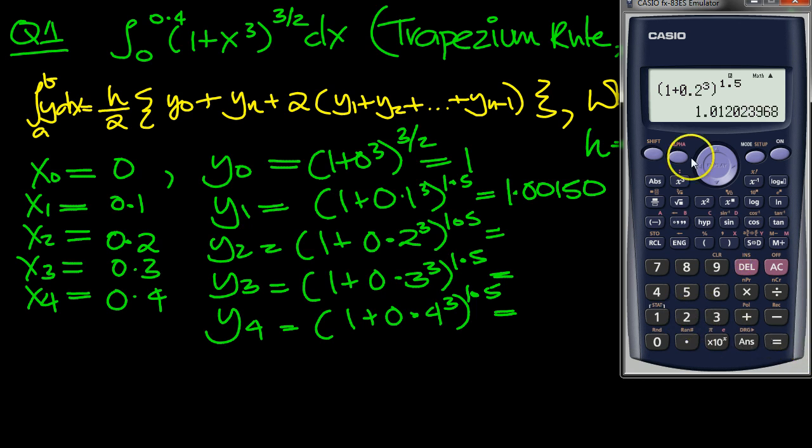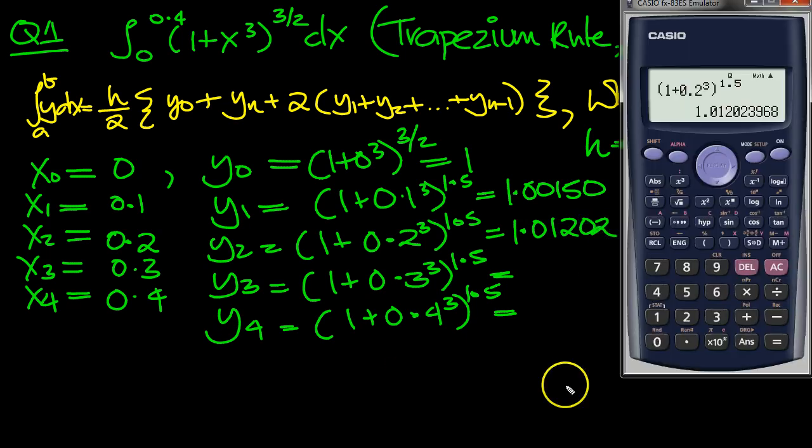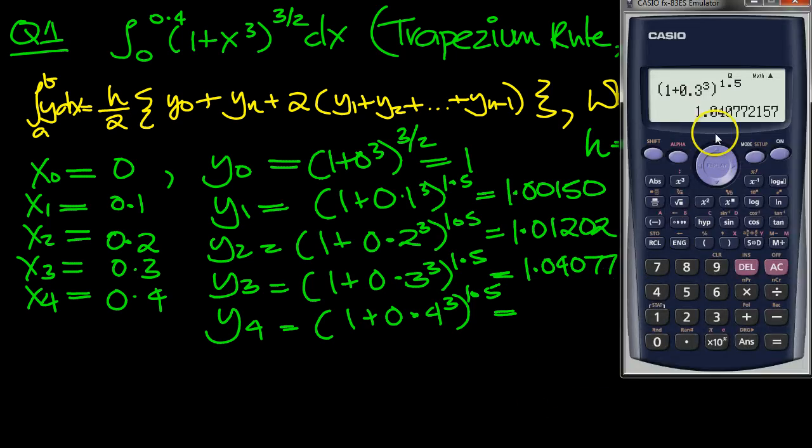Next one. Now all we need now do is toggle back and change that 1 to a 2. Press equals. 1.01202. And we can check that when we flick the calculator back now that we've written it down correctly. 01202, yeah, that's fine. Now 0.3. Let's go back and get that one then. Press equals on that. 1.04077. Let's just check that.